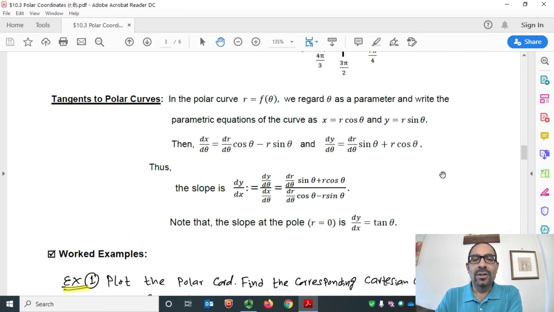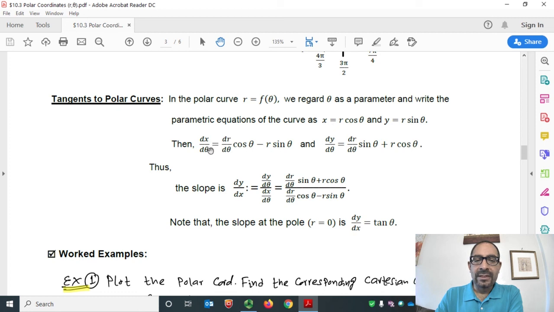Tangents to polar curves. In the polar curve, we regard theta as a parameter and write the parametric equation of the curve as x equals r cosine theta and y equals r sine theta. Then let's take the derivative with respect to theta and use the product rule.